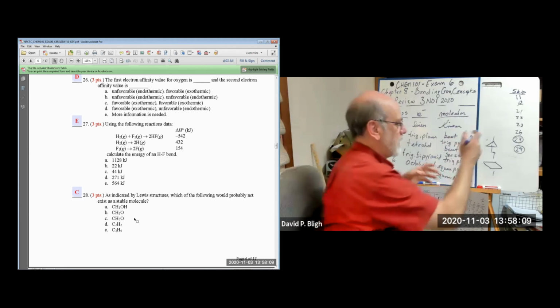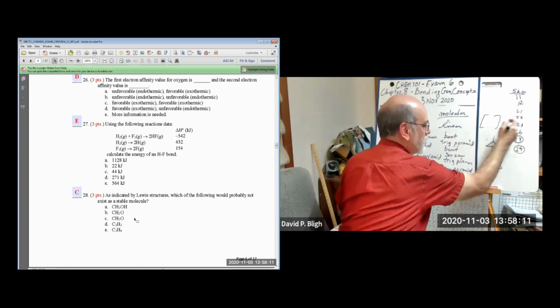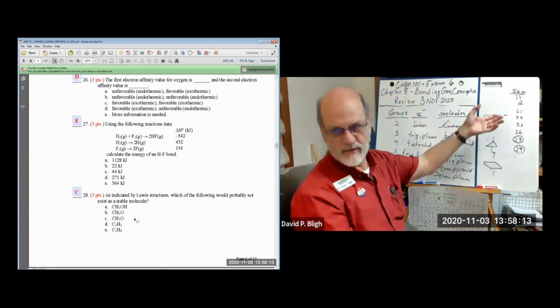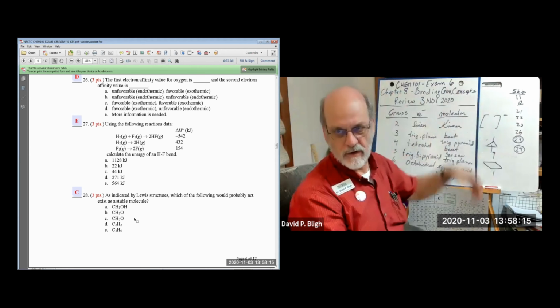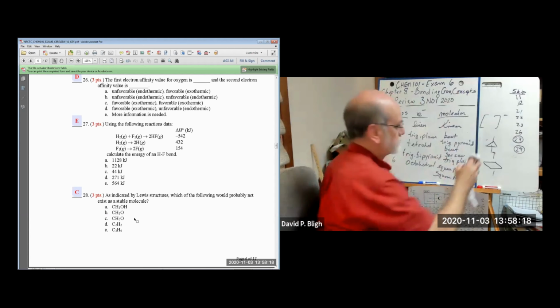So you need to have your molecule inside, and then the charge out here, if it happens to be a -1 or a plus or whatever it happens to be. Don't forget that.